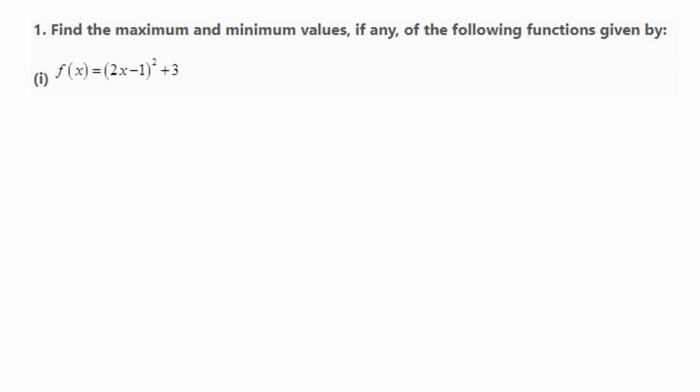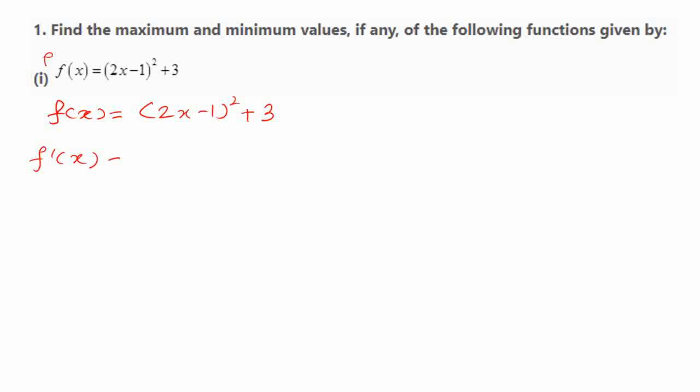So function is given. Okay. So f of x is (2x minus 1) whole square plus 3. First we will find derivative. First step is find derivative.